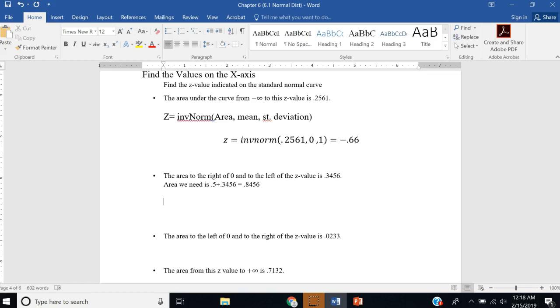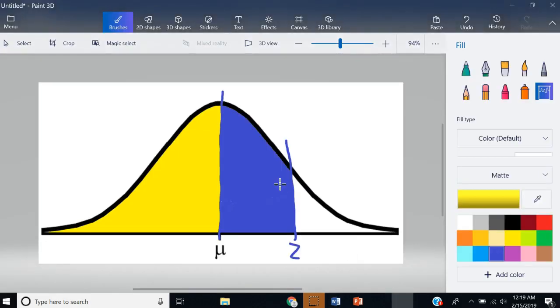What I would suggest is that in every single one of these problems, draw a little picture like I've been doing, and just mark up which is the area that I have and which is the area that I need. I have the blue area.